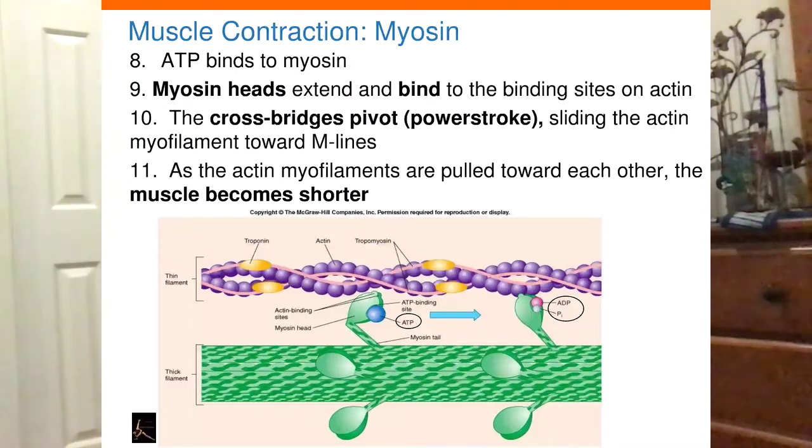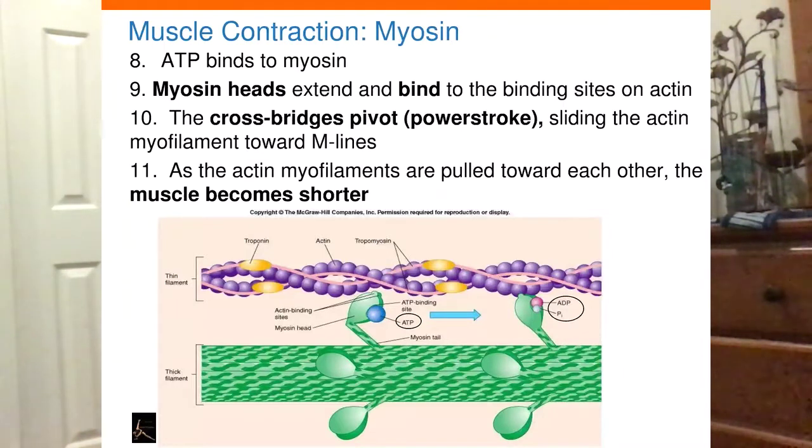Okay, and then remember I mentioned that's the ATP binding site. We said it was an ATPase, so it's actually an enzyme that can hydrolyze the ATP. Hydrolyzing means it uses water to break off one of those inorganic phosphates. And that's what you see over to the right. Now the myosin still has ADP and the inorganic phosphate bound to it.